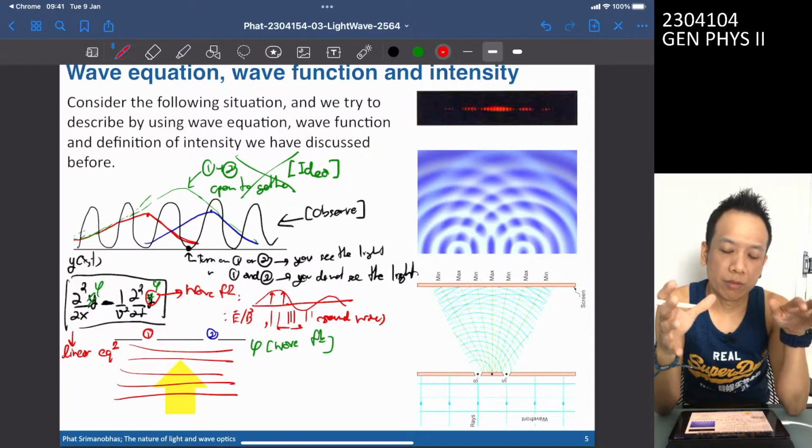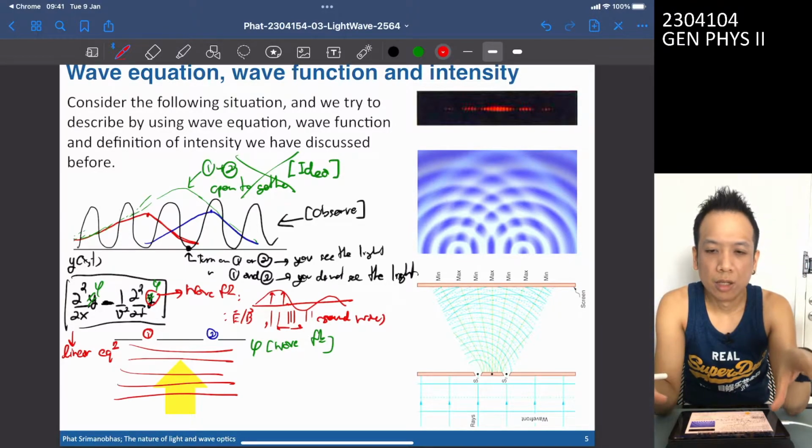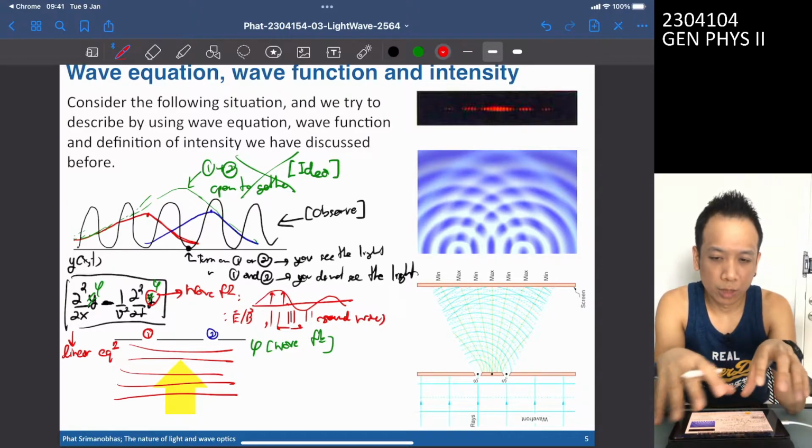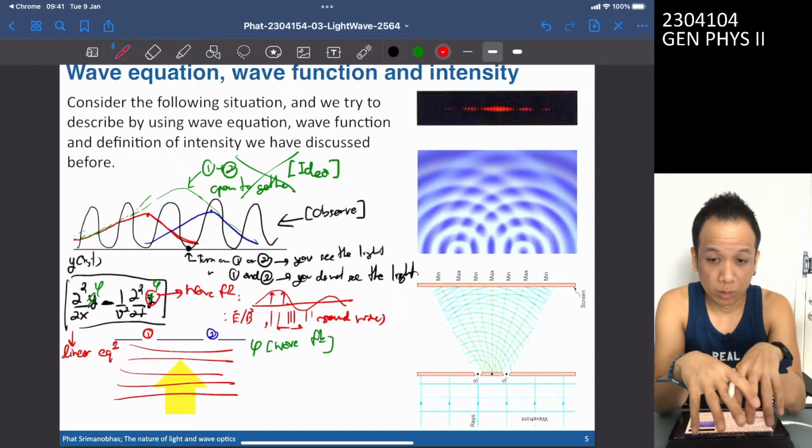And also, if you have function 1 as a solution and function 2 as a solution, the sum of function 1 and 2 together is still a solution.